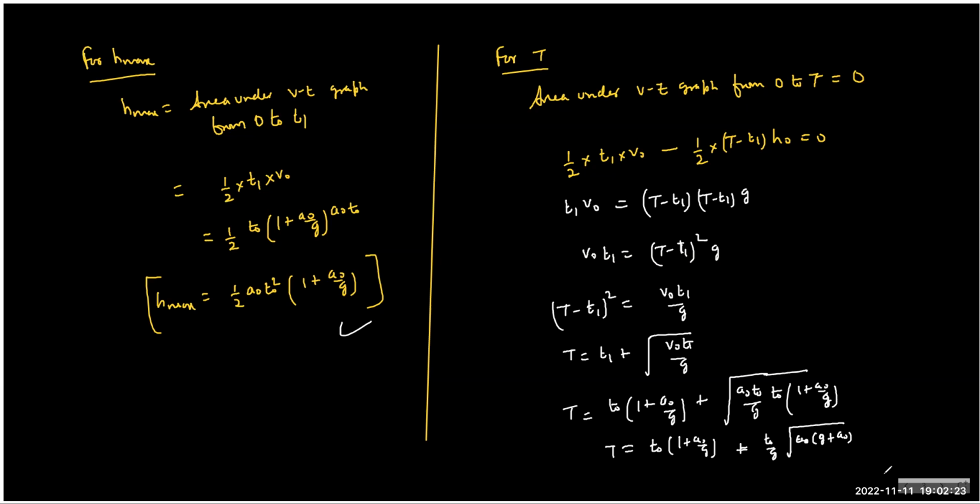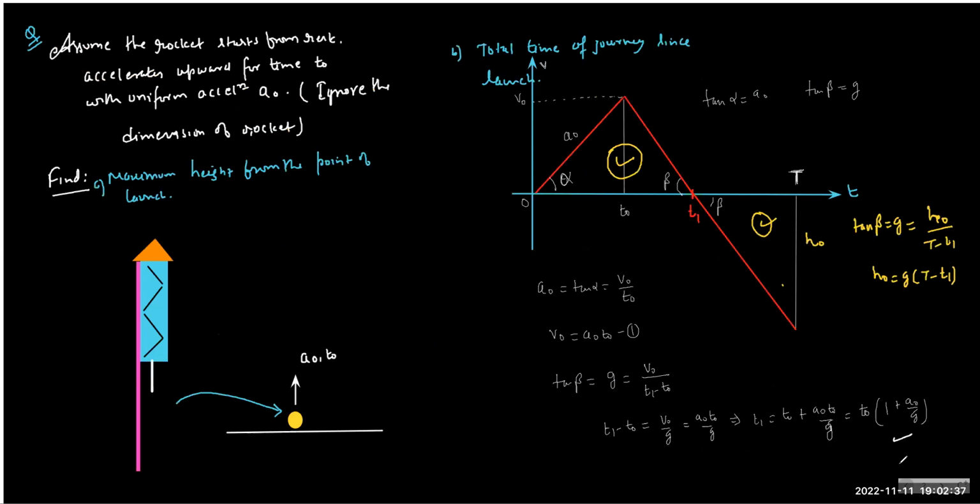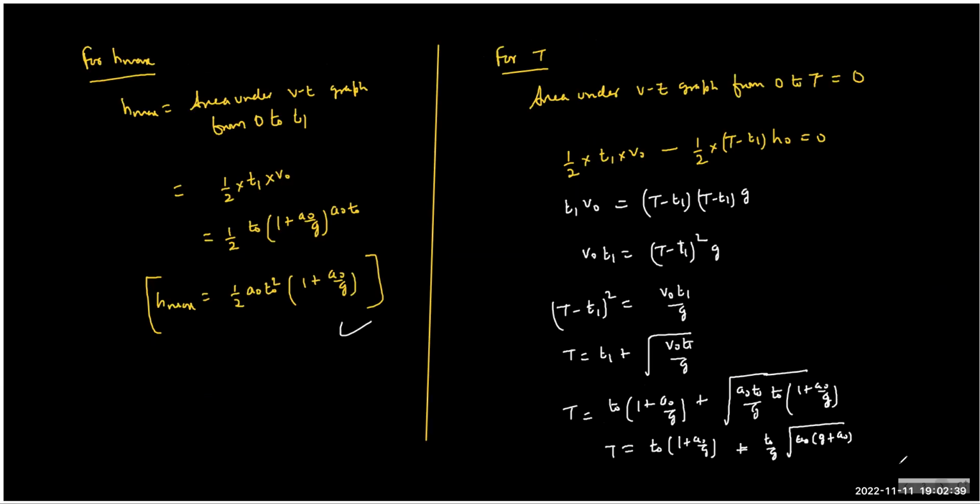Area under the curve is 0, so this is okay. Half into base into height equals to... Okay, okay.